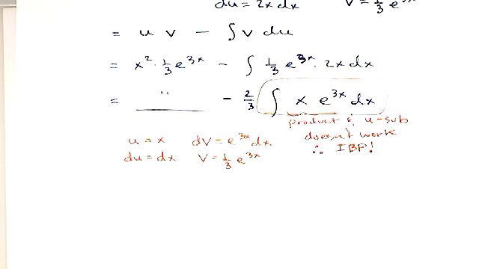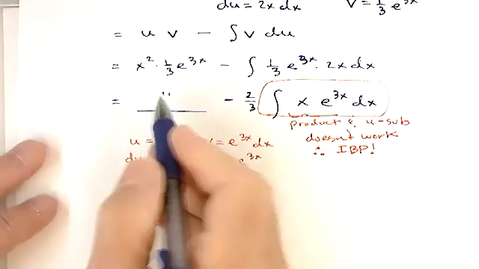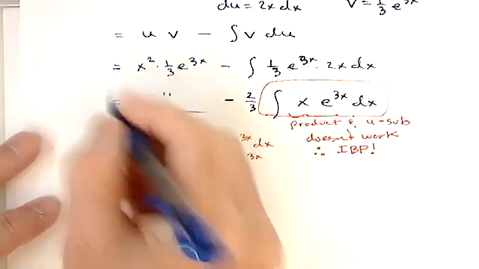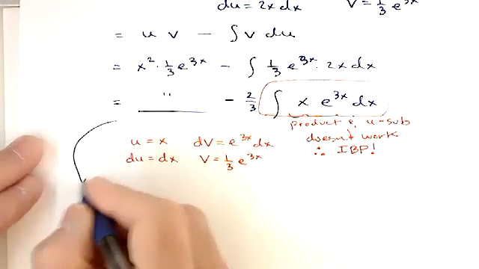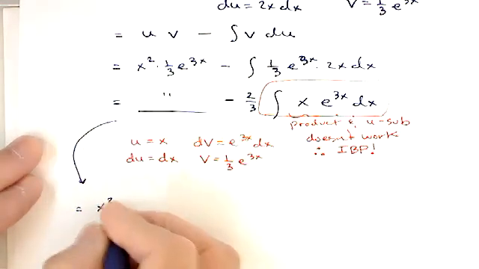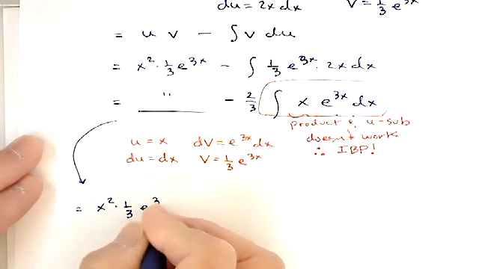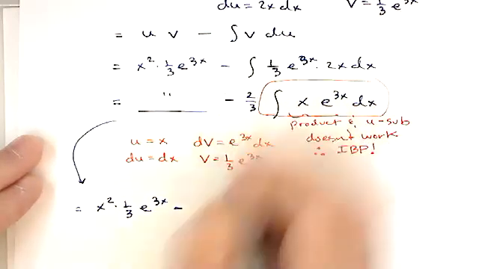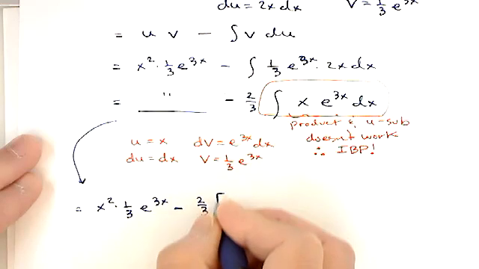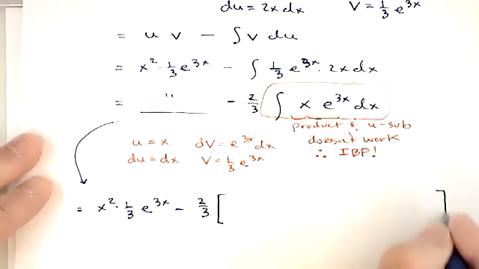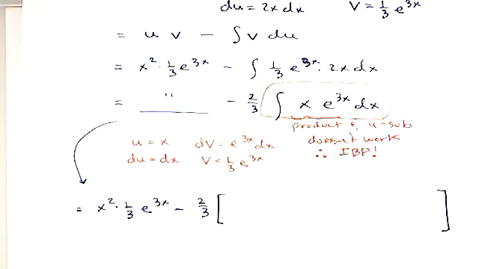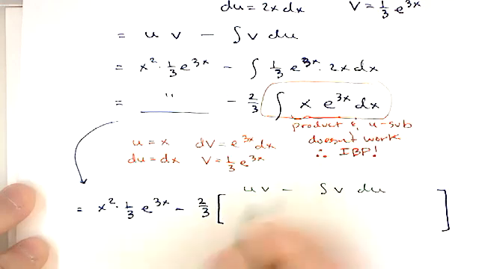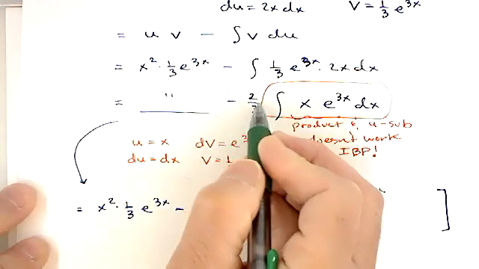One thing that's a little bit difficult when you have to do it twice is just making sure you're accounting for things. We still had this as part of our answer, so now I'm going to bring it back. We have x squared times 1/3 e to the 3x. And don't forget, we're doing integration by parts just on this part, but that was being multiplied by negative 2/3. When we do our uv minus the integral of v du, all of that's going to be multiplied by this negative 2/3.